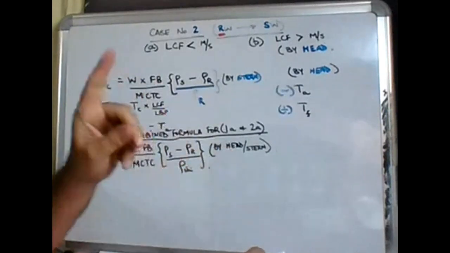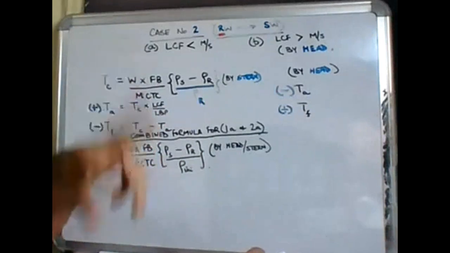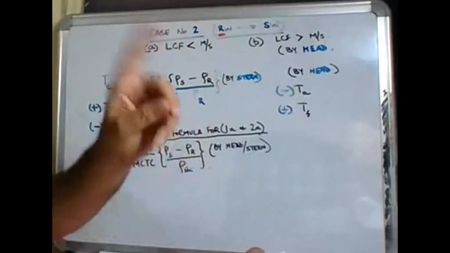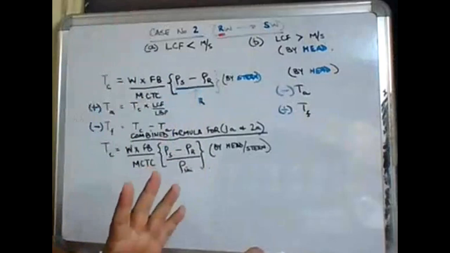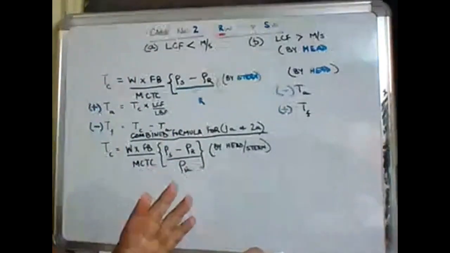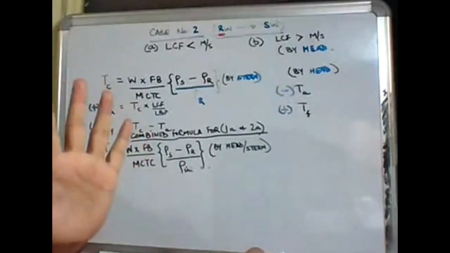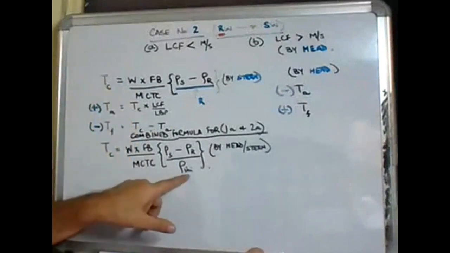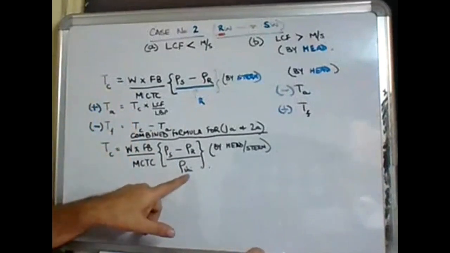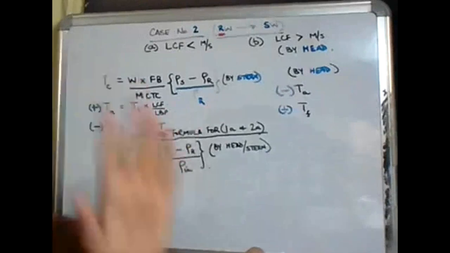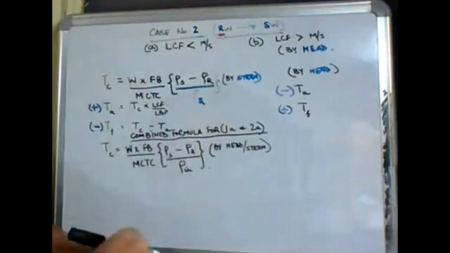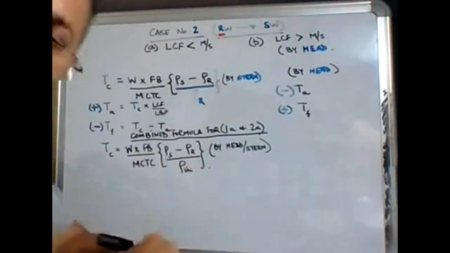If you give me reverse, river water to sea water, trim by stern. नीचे में R. बाकी सब कुछ सेम रहता है. ये समझ में आ गया जो मैंने अभी बोला.